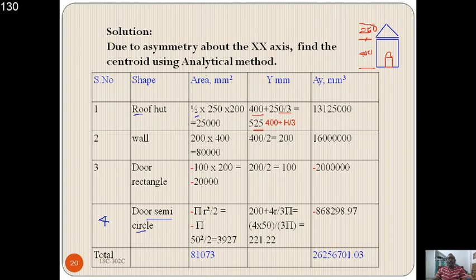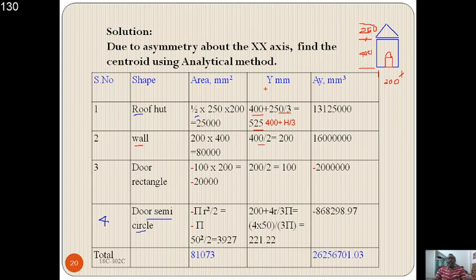And for the wall portion, it is only 400 by 2. This total distance is 200, as we already know. Therefore 200 by 400 is the wall, and for this the y bar is 400 by 2.